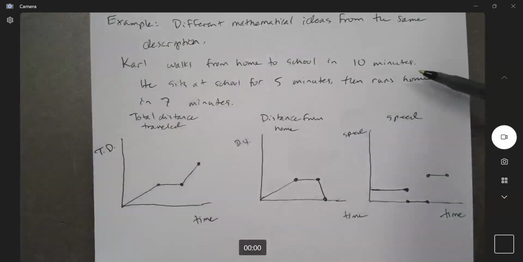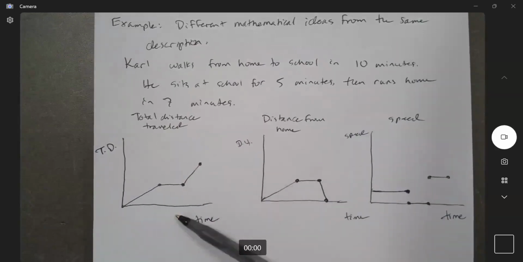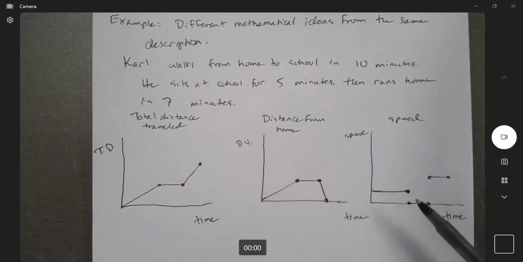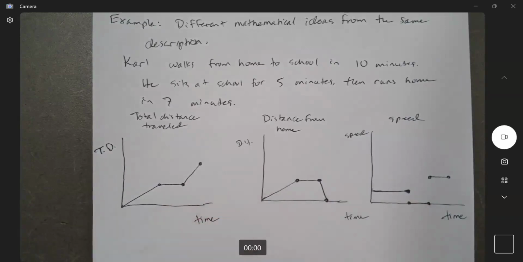And 2, trying to decide what's the mathematical idea that I'm actually trying to graph or that I've been asked to graph. As you work on your worksheet, sometimes you may graph the quote unquote wrong one. Even if your graph is mathematically correct, it's not showing the idea that I'm looking for. Okay, let's take a break.